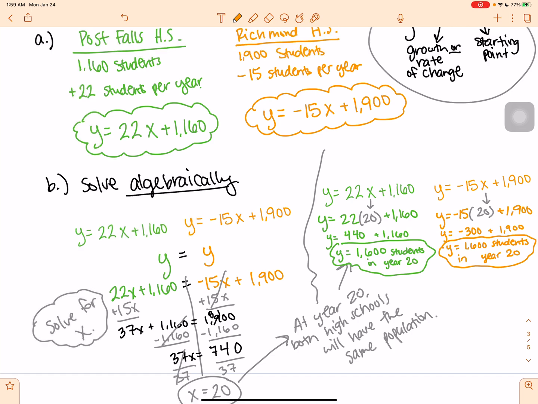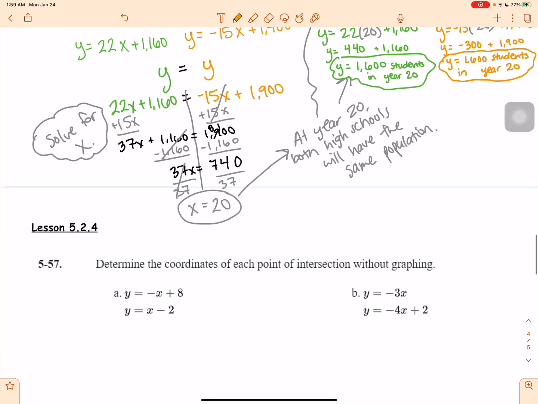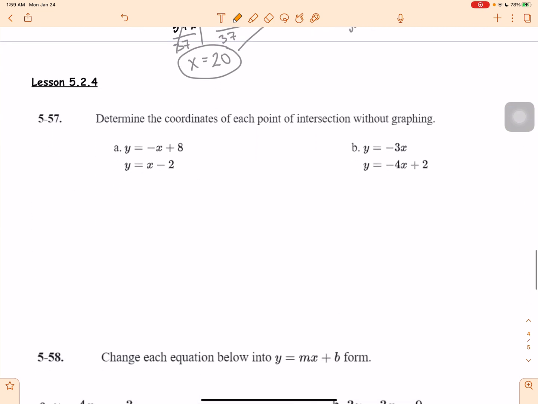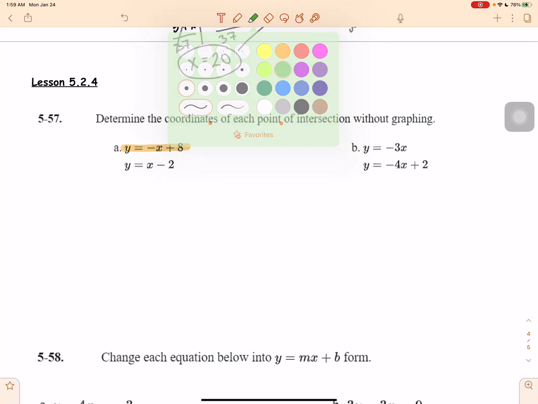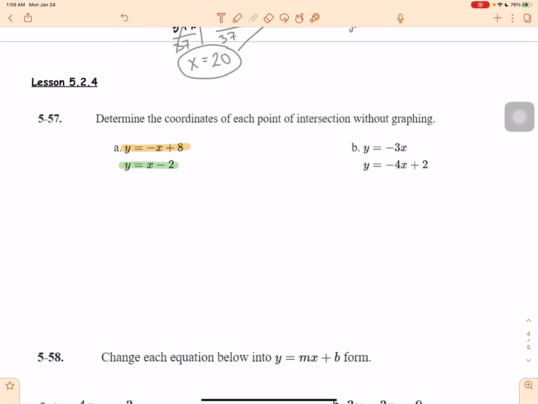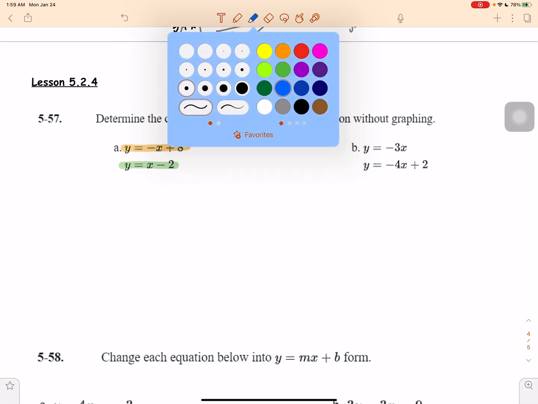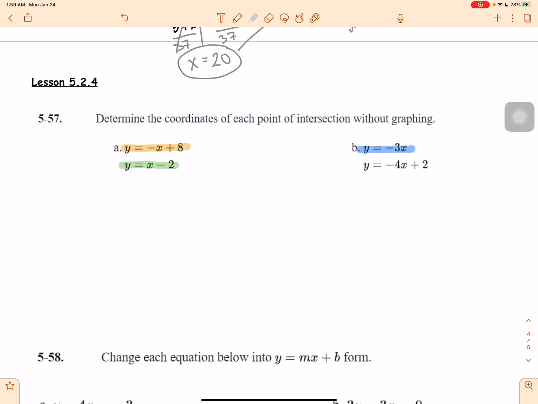Okay. Now, down below, you are going to have to solve some of these on your own. What I'm going to do is highlight some of them. So then you can kind of see, if I set these equal to each other, what is that going to look like, right?